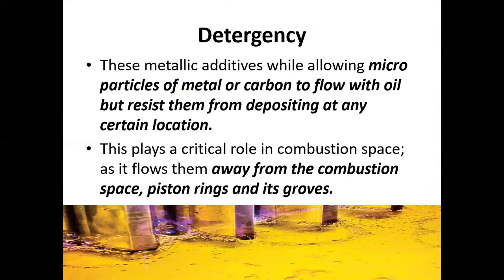So detergents are metallic additives that allow microparticles of metal or carbon to flow with the oil, but resist them from depositing at any certain location, as I discussed earlier. This plays a critical role in the combustion space, as it flows them away from the combustion space and piston rings. Because if deposits form there, then our combustion operation will be at stake.